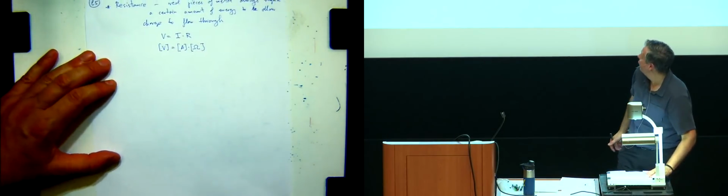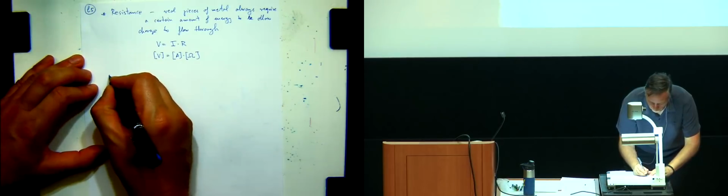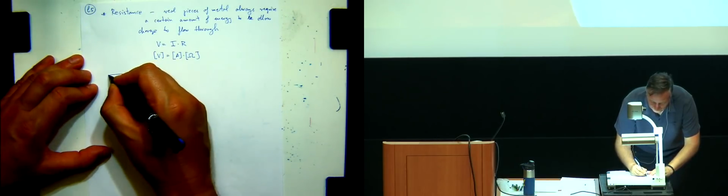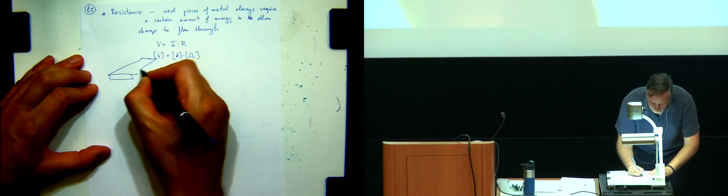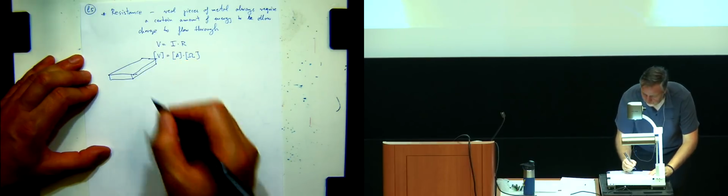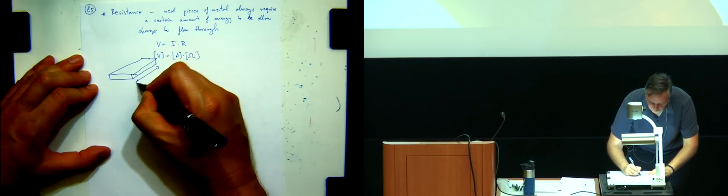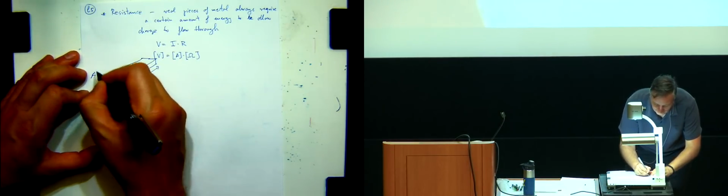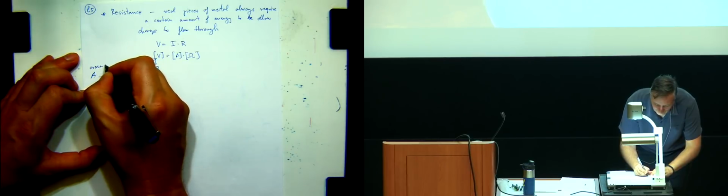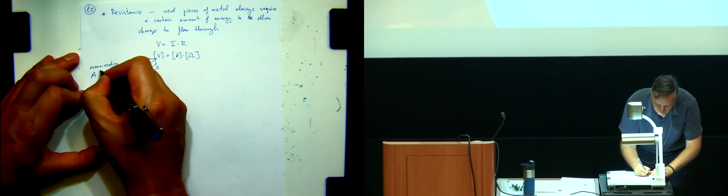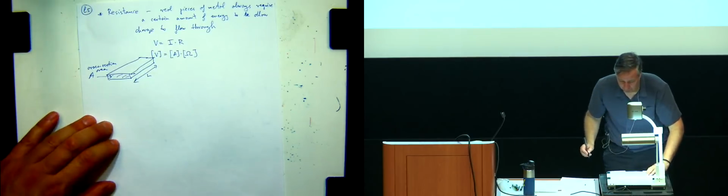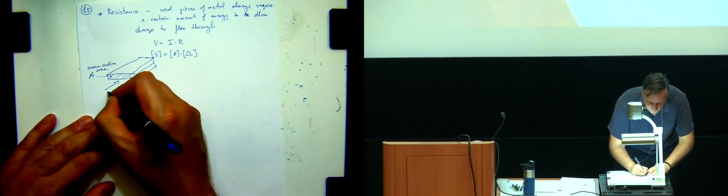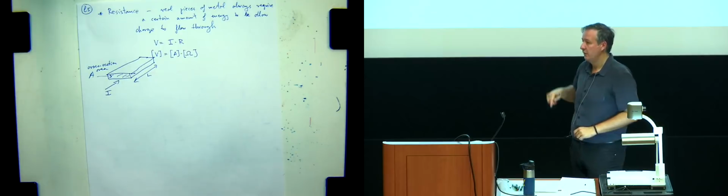Okay, so you can take a look at this resistance a little bit more. What we have really is some conductor which has length L, and let's say some cross-sectional area A. And there's some current I flowing into that cross-sectional area.